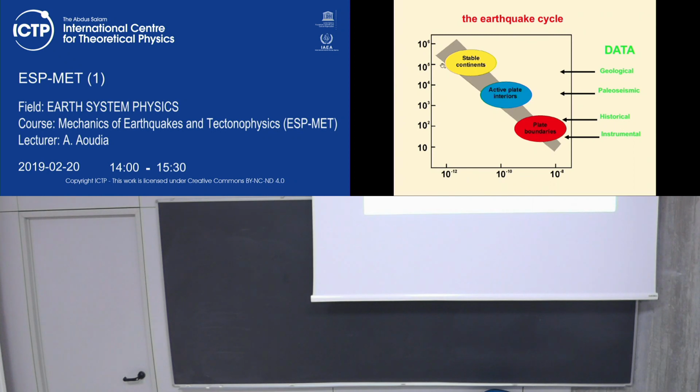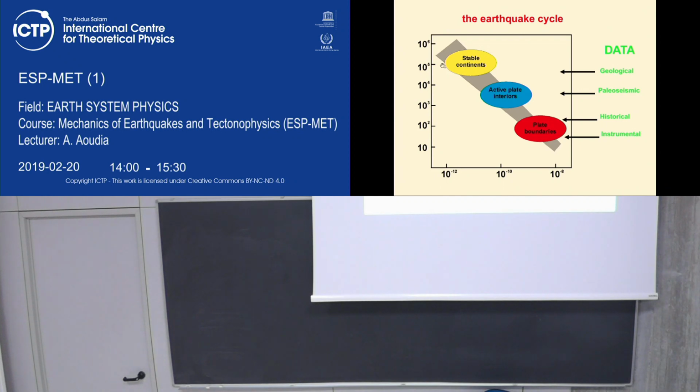The seismic waves are telling you how an earthquake is going. And then you could use seismic waves to investigate the earth interior, which is another issue that we will be talking about. But if you would like to understand the way a fault moves in time, you need to make use of different types of data sets.